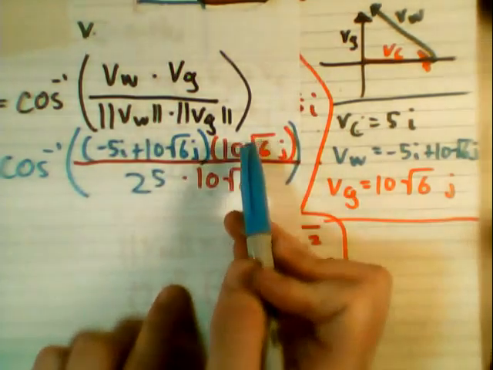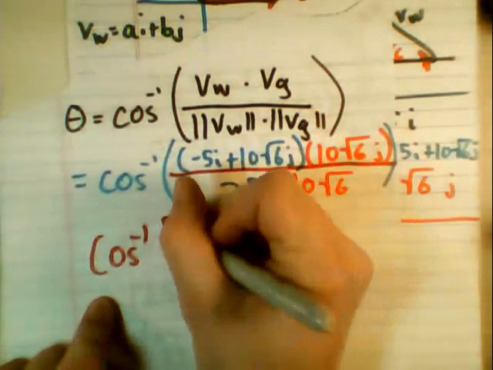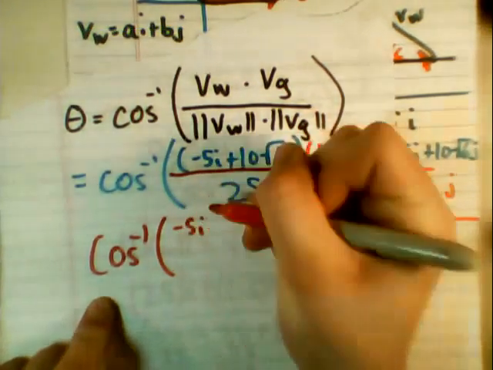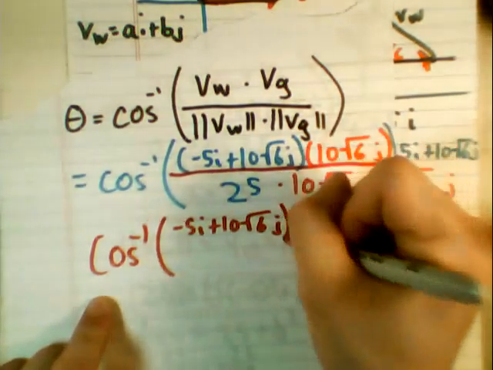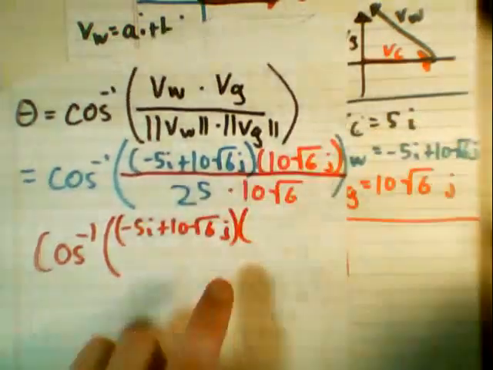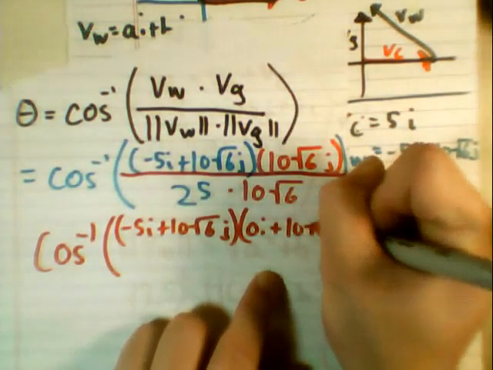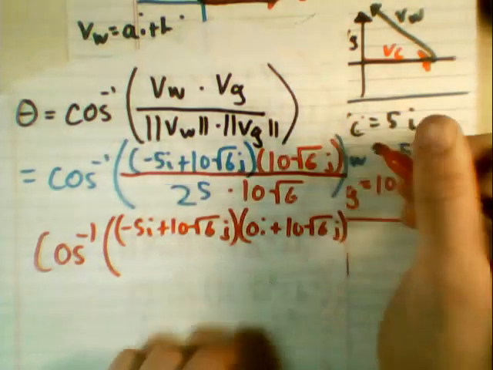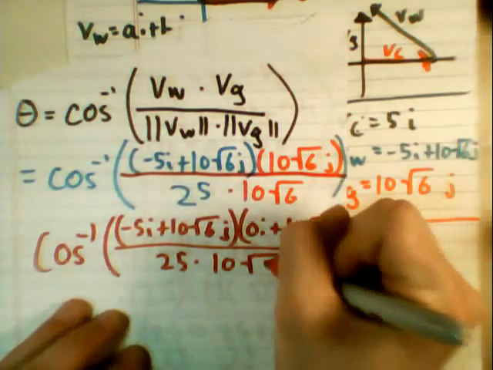So we need to add an I in over here. So let's rewrite this all. Cos inverse of negative 5I plus 10 square root 6j. Okay, so we're just going to substitute a 0I in plus 10 square root 6j. And that's all divided by 25 times 10 square root 6.